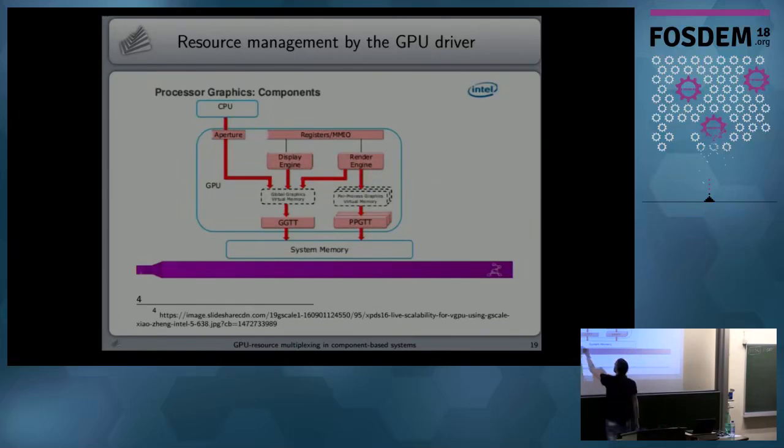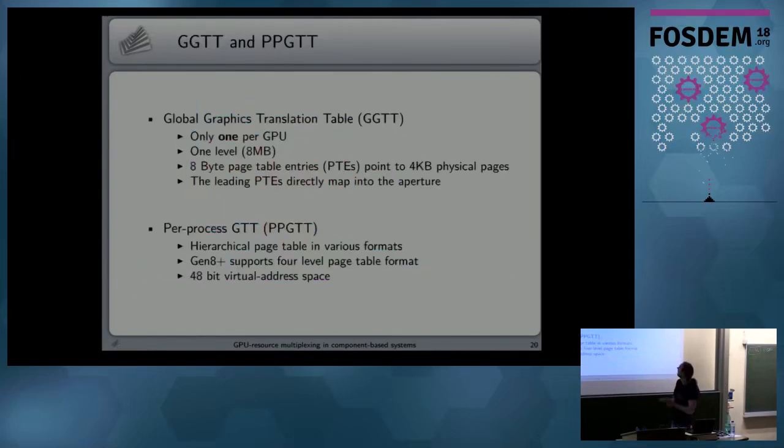This is done, I will come to this, through a thing called the global GTT, the global graphics translation table. Of course, like in real CPUs, GPUs have page tables. There are also the so-called per-process page tables, and we will come to this next. You can see the render engine actually can access both page tables, but mapping of graphics memory only goes through the aperture.